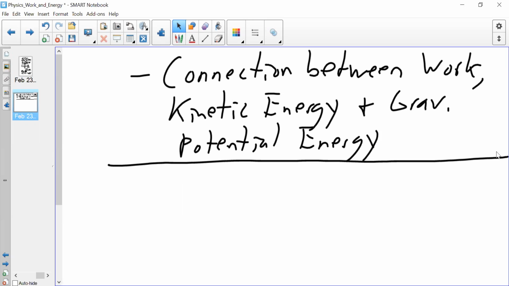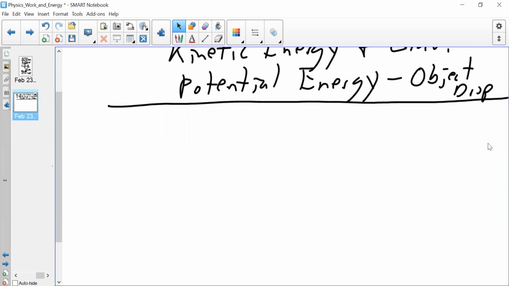All right, in the situation that we're going to have, we're going to drop an object. So let's say I have an object, ball or rock or whatever, and let's say its initial height is 10 meters.